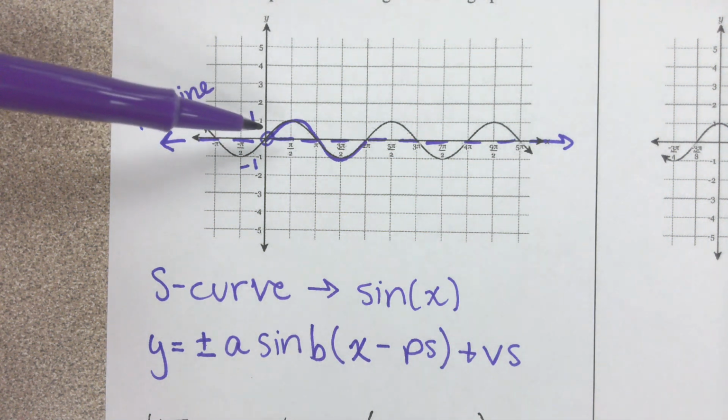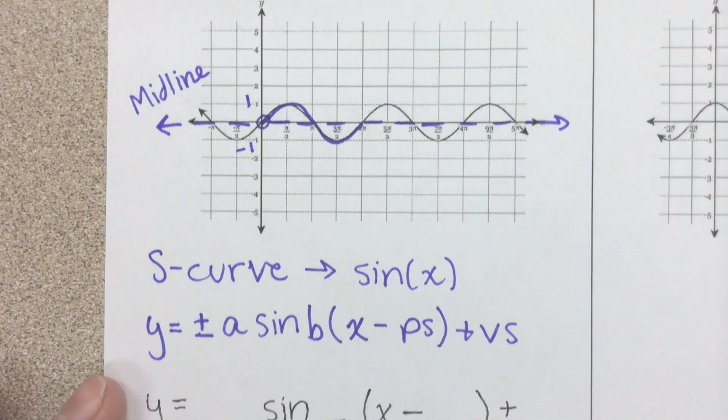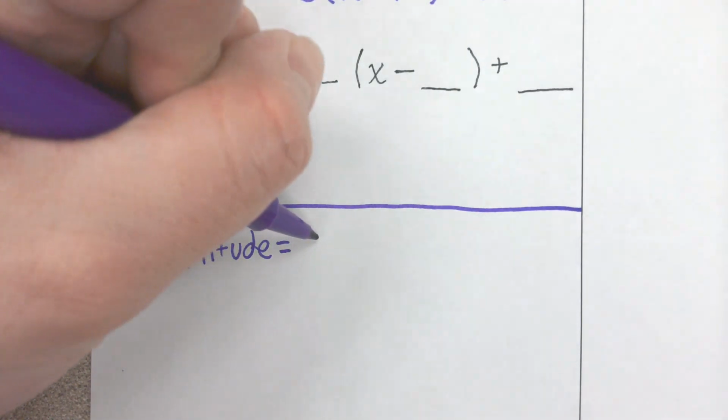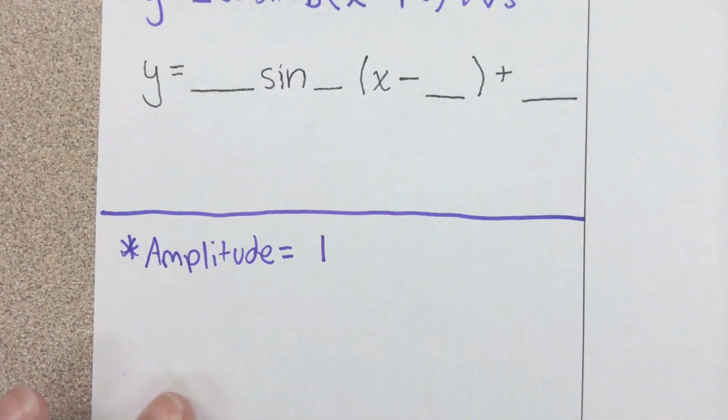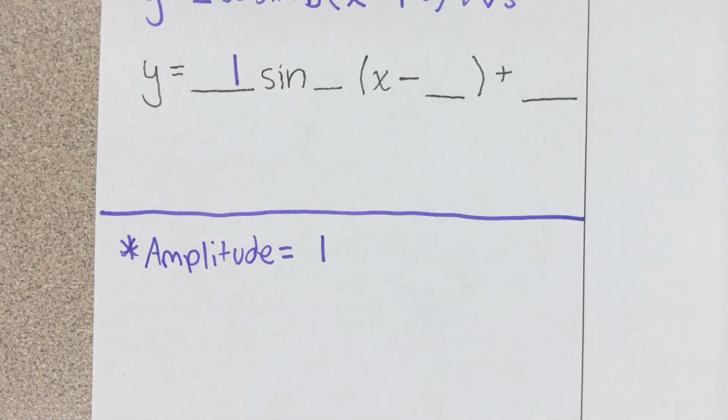From there, the amplitude, we go up 1 and down 1, so it's just 1 for this equation. Our A value here is 1.